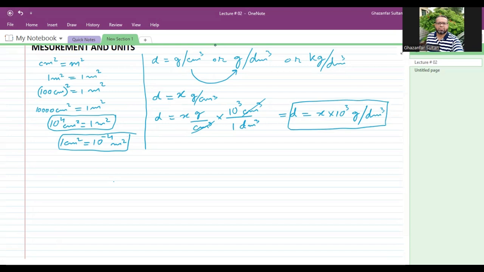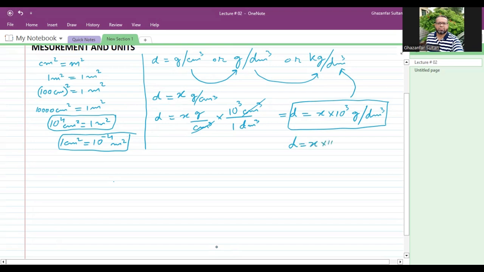And suppose that now you have to convert it into kilogram, means from here to here. So D is equal to x times 10 raised to power 3 gram per decimeter cube. We don't need to change decimeter cube because we need decimeter cube here, but we have to change gram. So gram into kilogram, what is the relationship?